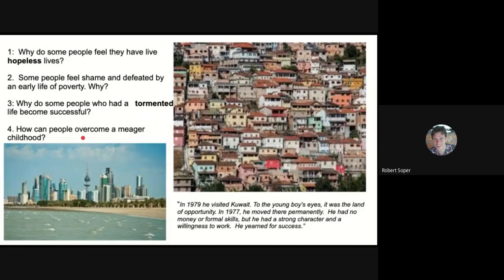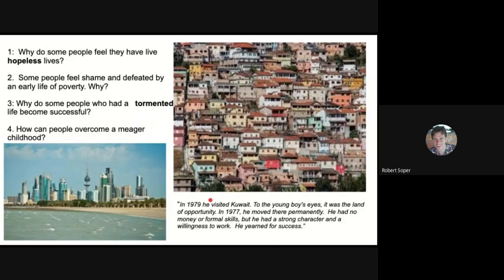And then in your reading, you had an example of a person who escaped a meager childhood by being inspired by a visit to Kuwait. He'd never seen a city like this before. He found it was the land of opportunity.